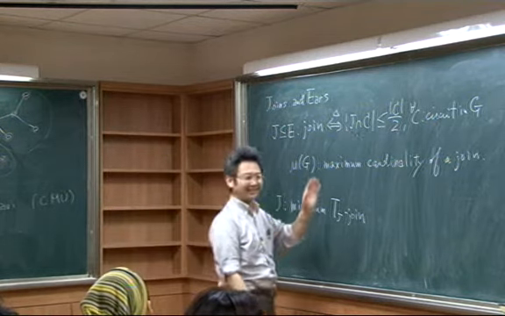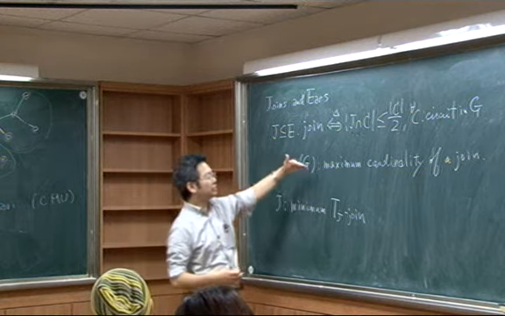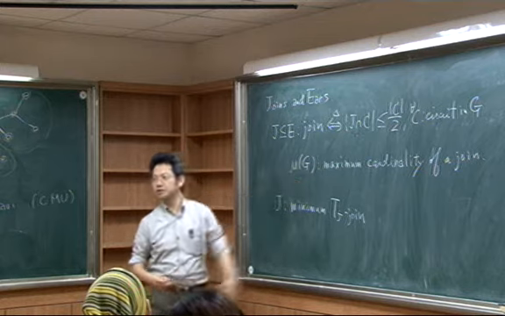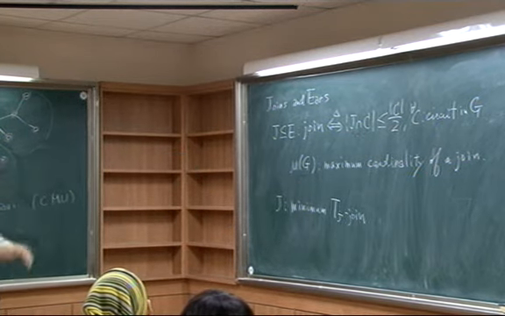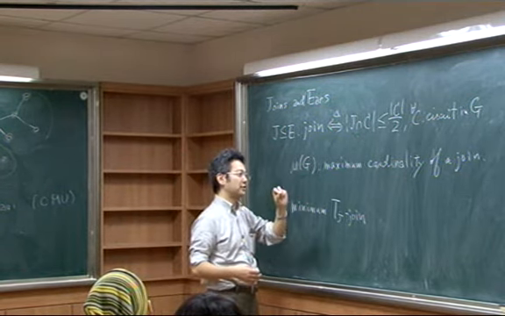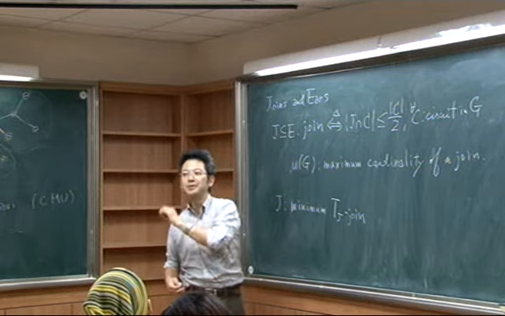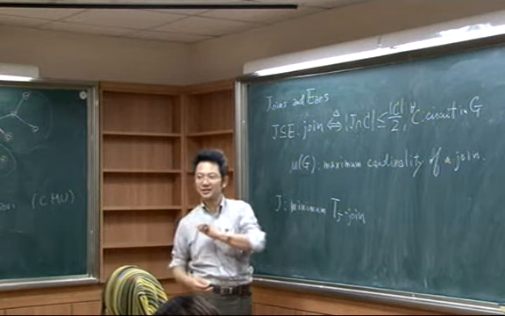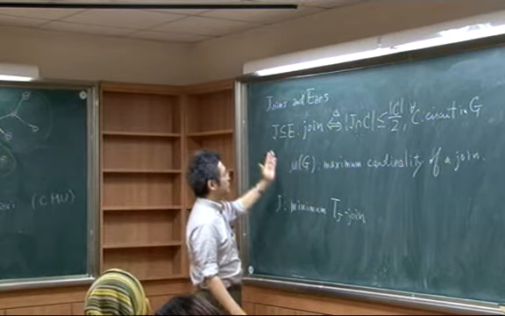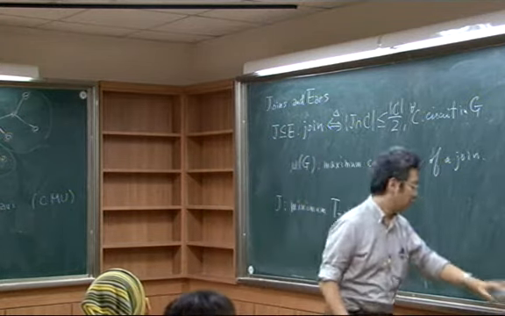So because of that, this problem, the maximum cardinality of a joint, actually is equivalent to the problem of finding the maximum cardinality of a minimum T-join over any T. So if we can compute this mu of G, then our problem is solved.